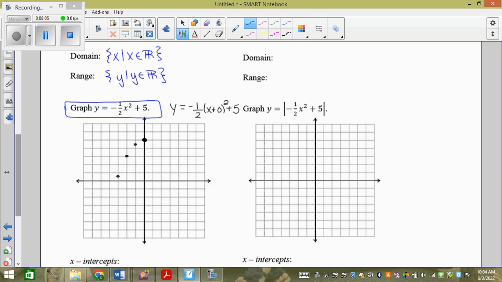Negative 4 and negative 3. And then negative 5 and negative 7.5. We're too far off. Okay, so that's that side. Then we go the other way. 0, 5, 1, and 4.5. It's symmetrical, so it's just going to repeat on this side.